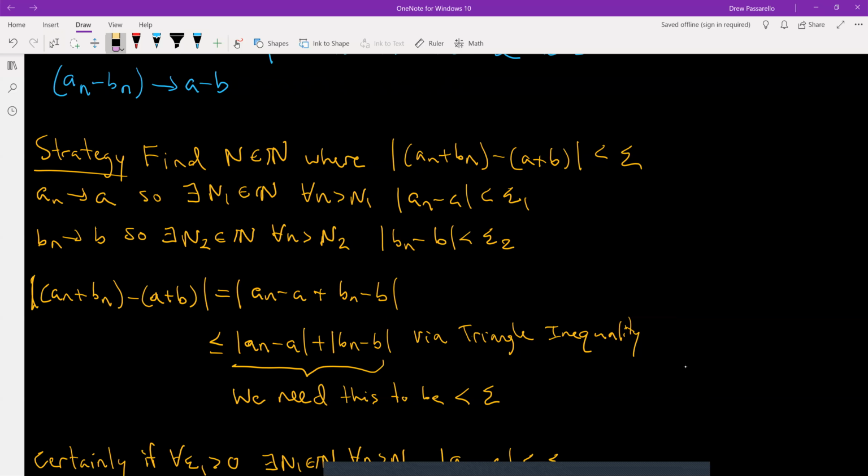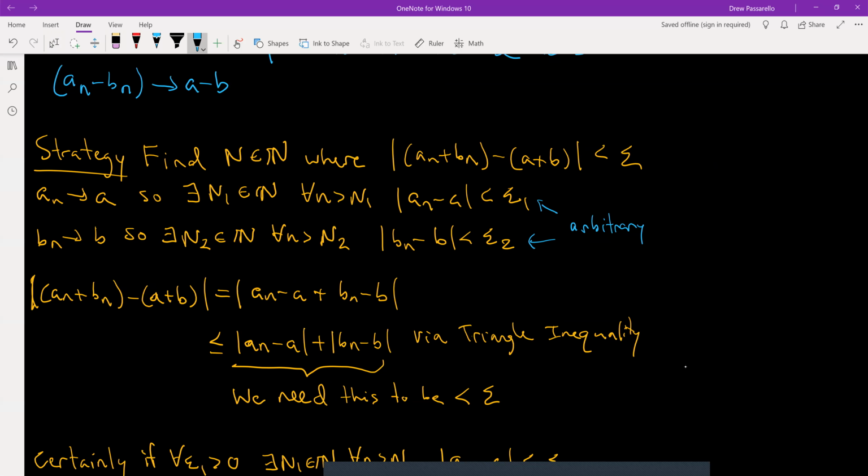These are arbitrary epsilons. I'm just giving them labels so that we can correspond to each part, as far as using the convergence of a_n to a and then the convergence of b_n to b.